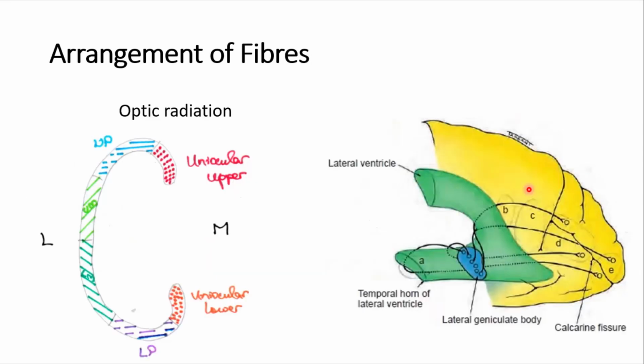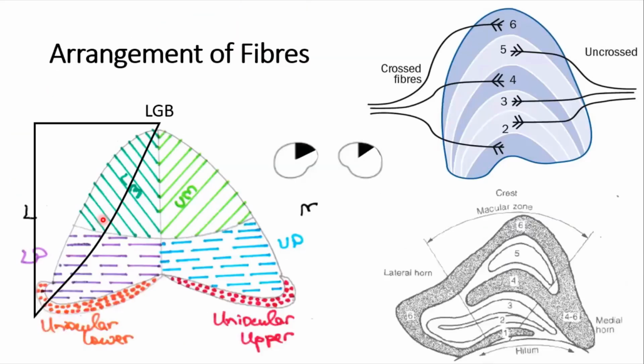Okay, moving posteriorly, we have the optic radiation. What happens in the case of the optic radiation is, again, it separates into superior and inferior. So we have the lateral geniculate body here. Those fibers on the lateral side will go inferiorly, and those fibers on the medial side will go superiorly.